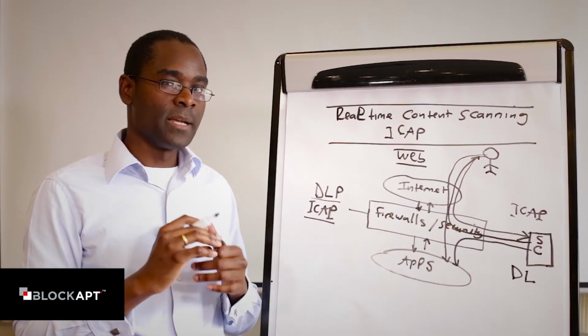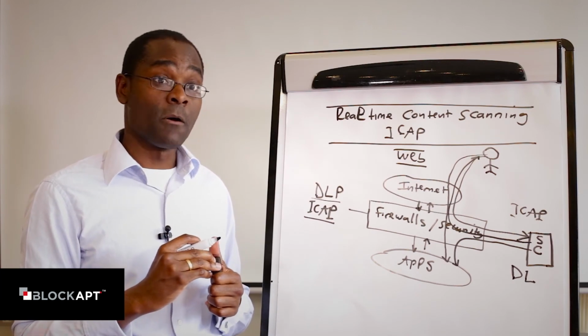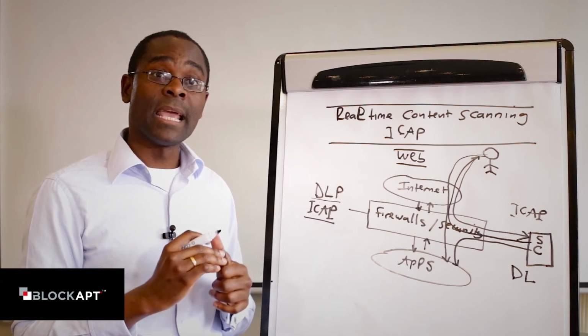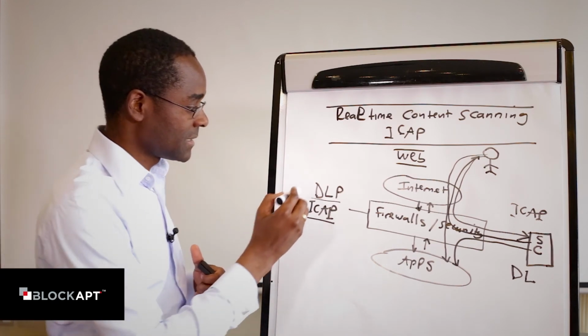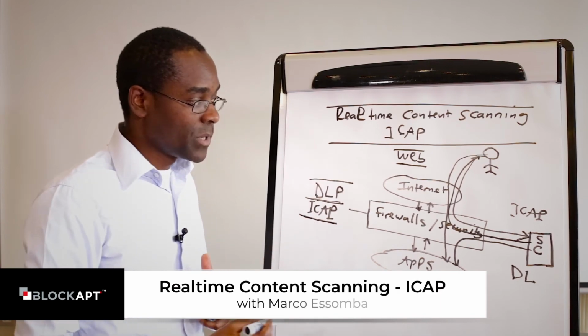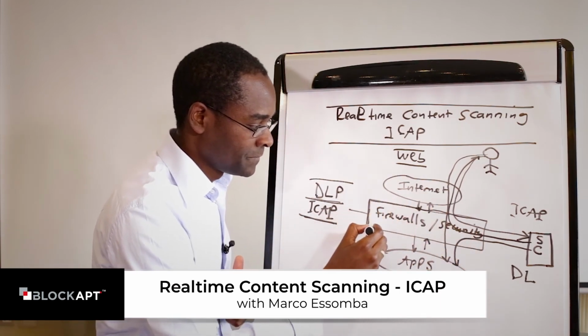This is fairly fundamental to people who are worried about sensitive information being stolen or malicious information being sent inside the company. So if that comes into your remit, think DLP, think ICAP as a way to integrate within our existing network infrastructure.